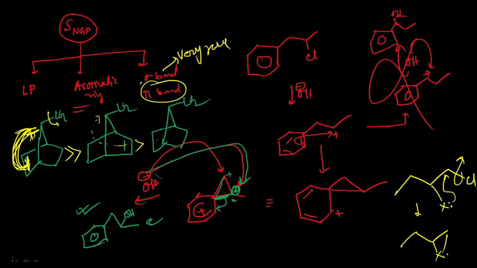Again, among these two bonds, which bond will break to make the more stable carbocation? This bond will break because this leads to the more stable carbocation here. So our nucleophile will attack here, and we will get the nucleophile in the final product. So in these cases, neighboring group participation occurs. For more details, we will study some special examples later, and solve more practice questions later.